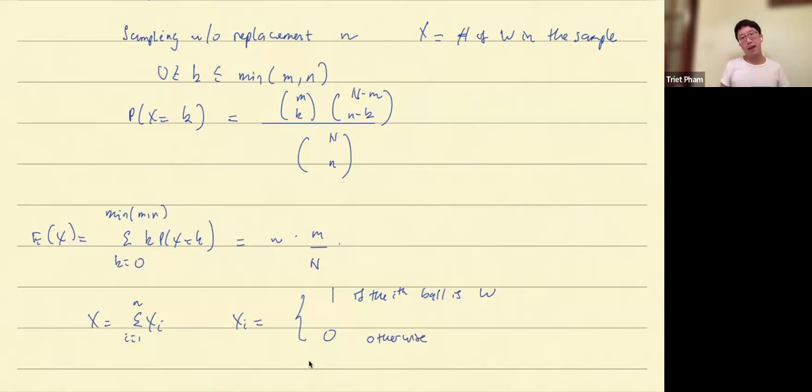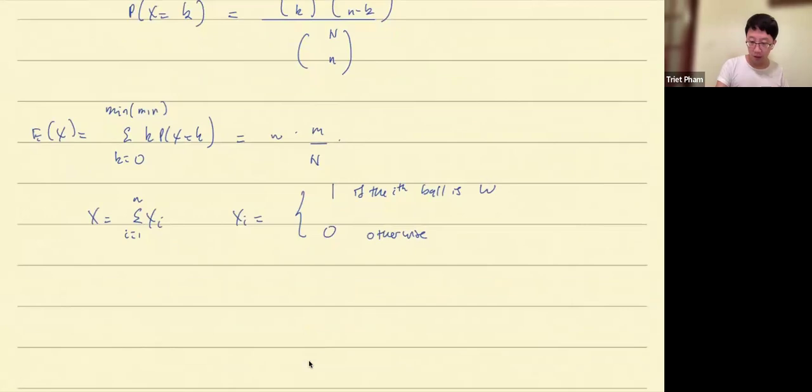Notice, exactly like the hat problem, the X_i here certainly have interaction because it's sampling without replacement. However, when you look at the expectation, the property of the expectation itself allows you to go straight into the marginal and ignore the interaction.